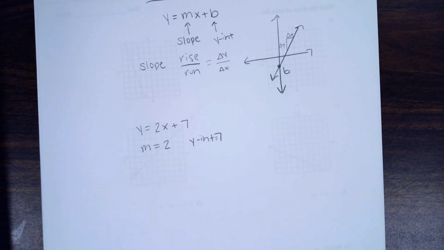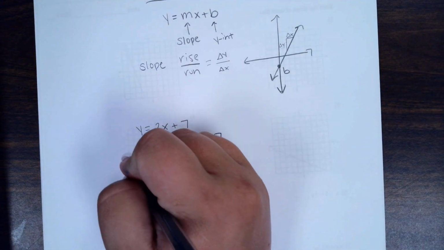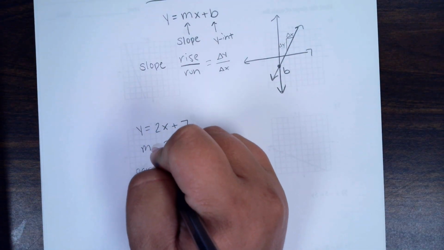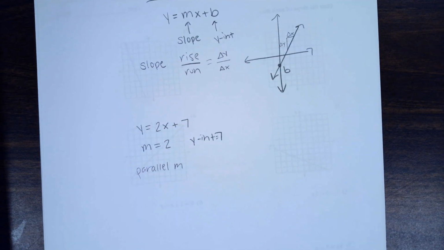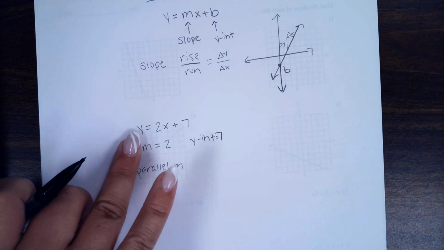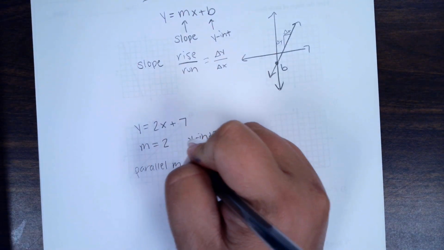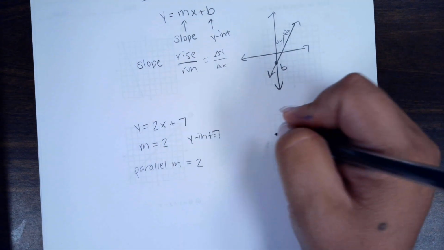Once we've identified the slope, it's pretty easy to figure out what the slope of a parallel line would be, and perpendicular. The slope of a parallel line, if you remember, is the exact same. My slope is 2 here, so all the parallel lines would have a slope of 2.